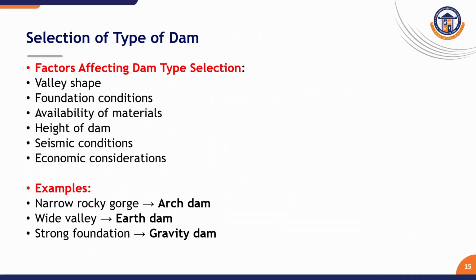The different materials used for construction of dams depend on availability in the nearby dam area. For example, a narrow rocky gorge suits an arch dam, a wide valley suits an earth dam, and a gravity dam is constructed on a strong foundation.